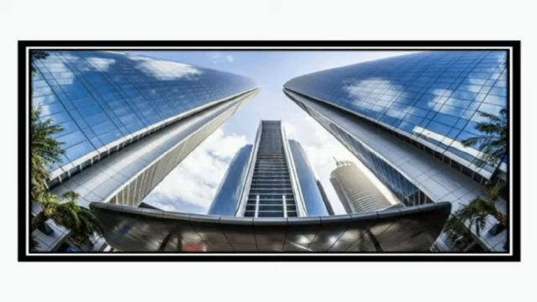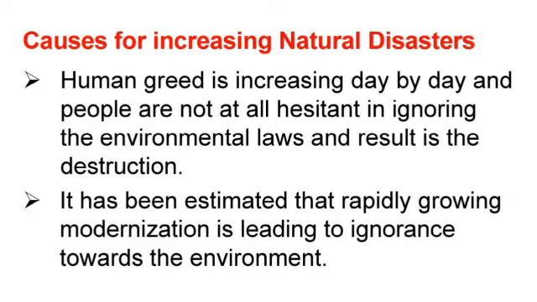So today modernization has somewhere become a problem, because we are putting extreme pressure on the environment by overutilizing the resources. So that is also adding to the speed of natural disasters.